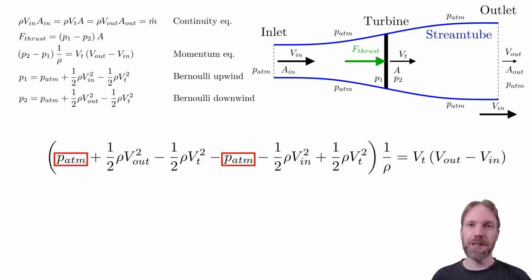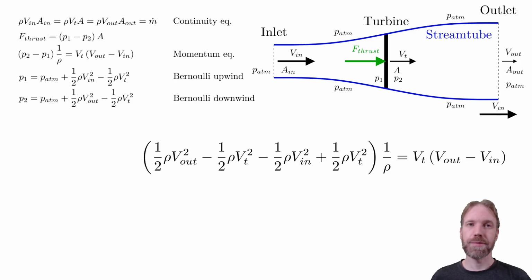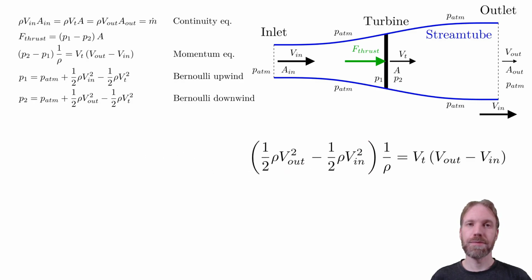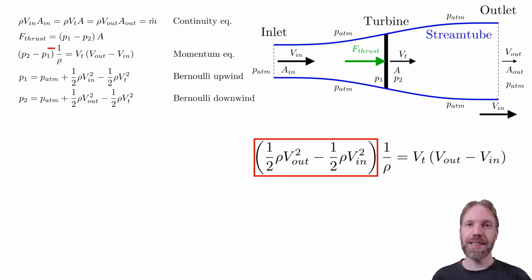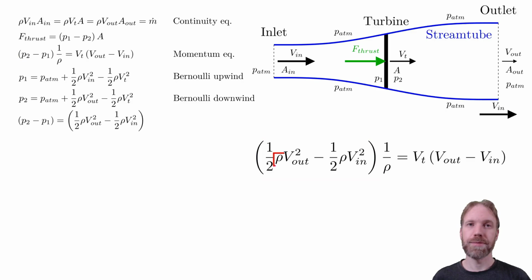The atmospheric pressures cancel. The velocity at the turbine cancels as well. Note that this expression is still the difference between the pressures. Cancel the densities.